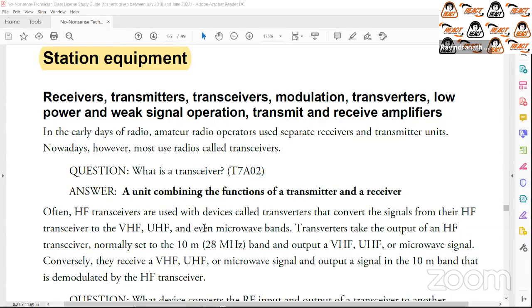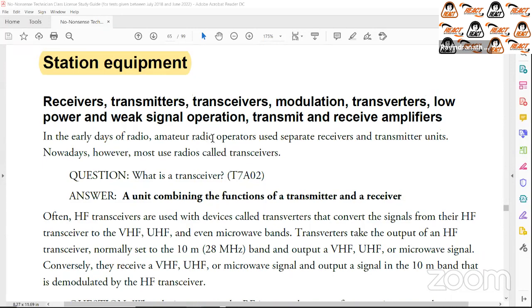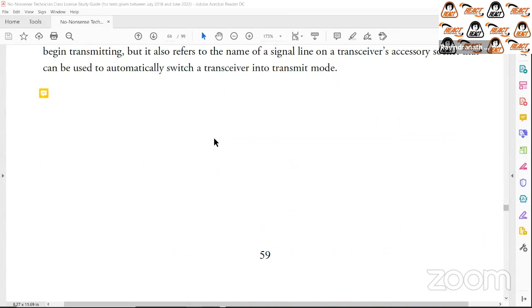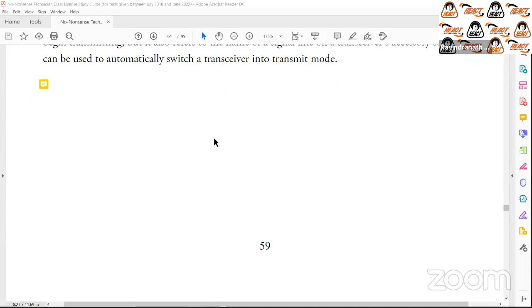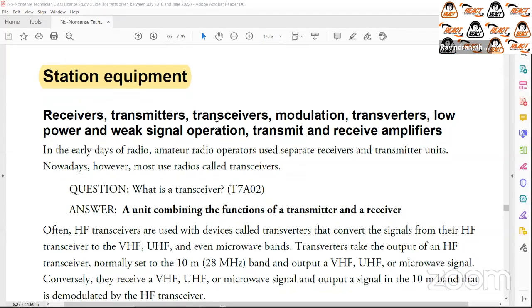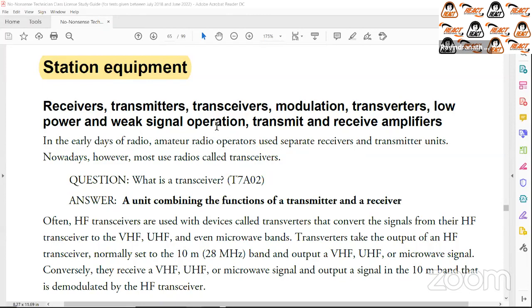So we go straight into the no nonsense guide. If you are following on the PDF, it's page 65. If you are printed, it's page 60. We have touched on pretty much all of the theory during the slide deck, so we will look to move quickly through the questions in the question pool.